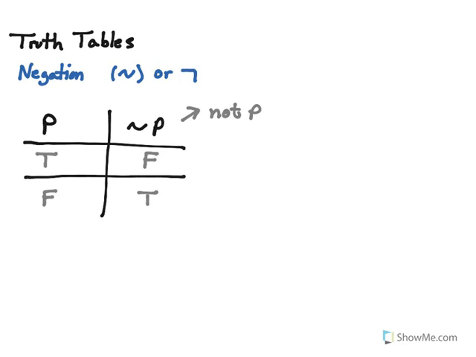So if you have a true proposition, today is Monday, for example, the negation would be today is not Monday, which would make it false. Or we could say today is not Wednesday, which is a false statement, and in order to make it true, we say today is Wednesday. So it's always going to be the opposite, and that affects the truth value.